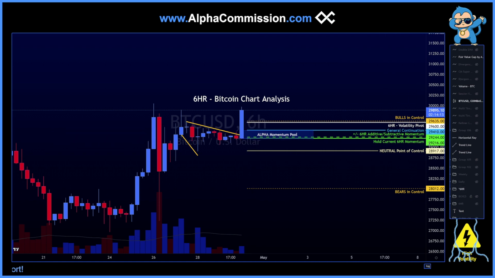But yeah, we don't want to lose 29,216. Otherwise, we're going to retest the center of the RSI at 28,917, and then bears could gain control at 28,012. Now, I don't see that happening.